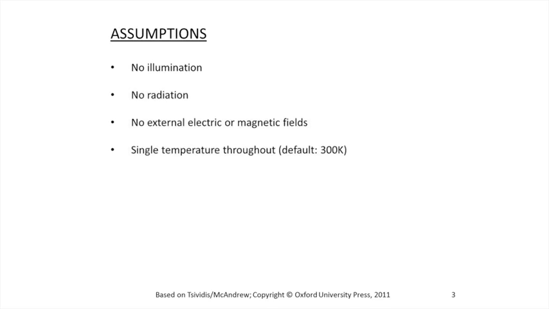We will assume that there is no illumination, no radiation, no external electric or magnetic fields, and the semiconductor we are considering is assumed to be at a single temperature throughout, and the default will be 300 degrees Kelvin or room temperature.